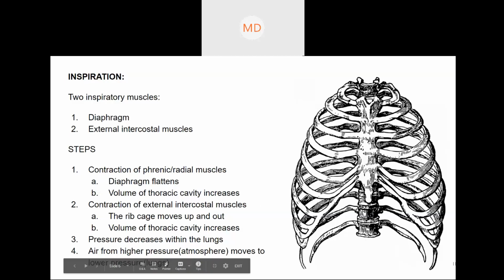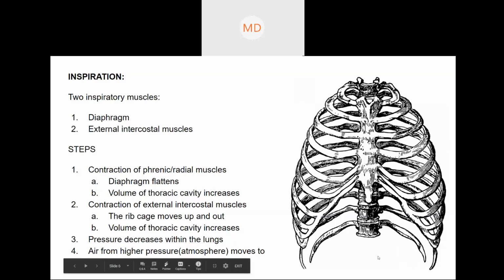So when the phrenic or radial muscles contract, the plate becomes like a plain sheet, like a paper, means it will become straight. First it was dome shaped, then it becomes straight when the phrenic and radial muscles contract.